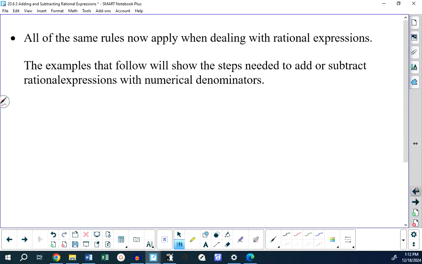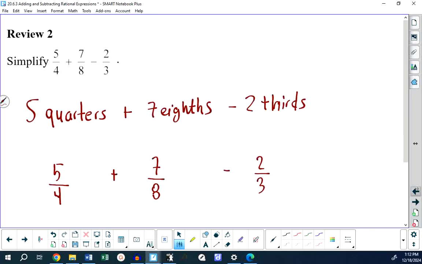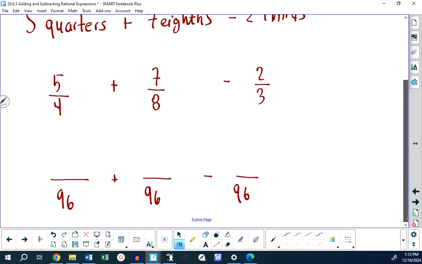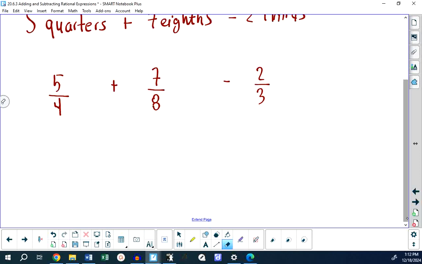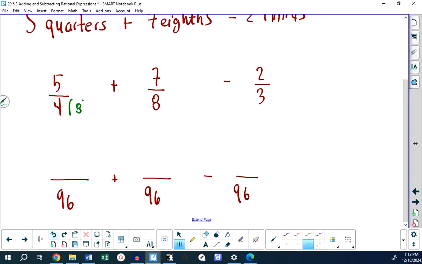So 96 is a common denominator here. That's true, but it's not the lowest. How many of you know what the lowest common denominator is? What is it? I think it's 24, yeah. By the way, if I go with the 96, this student would be saying, well, I'm going to multiply the top and the bottom of this by 8 and by 3.